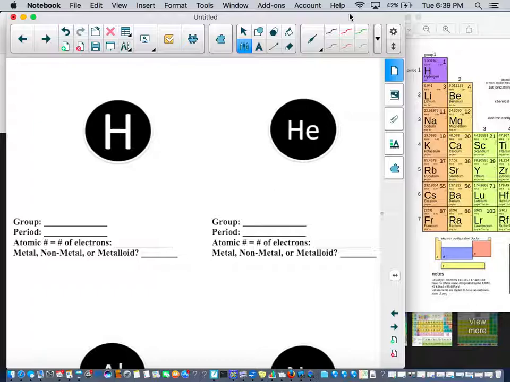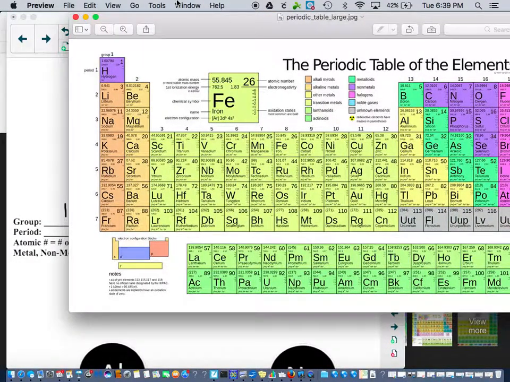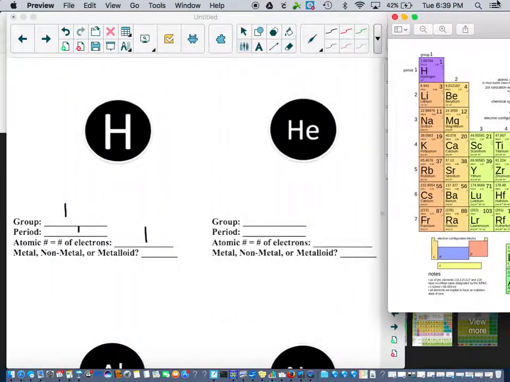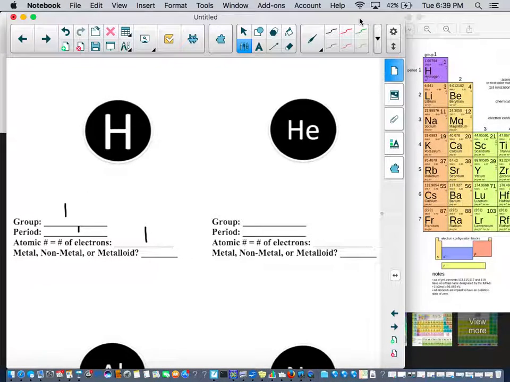Since hydrogen is in that first column, group number 1, and in the first row, period 1. The atomic number, the number of electrons, is also 1. Metal, non-metal, metalloid. Looking at my color coding, it should be a non-metal.